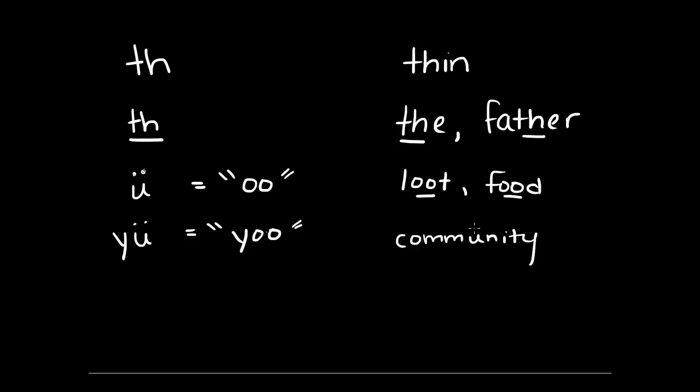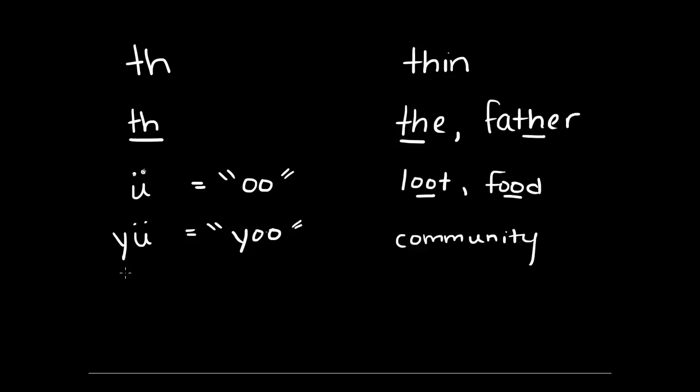You have that Y sound in there before the U. So there's the difference between this and this, right? You don't say feud for food. That means a totally different thing. So yeah, be on the lookout for the Y in front of the U with 2 dots.